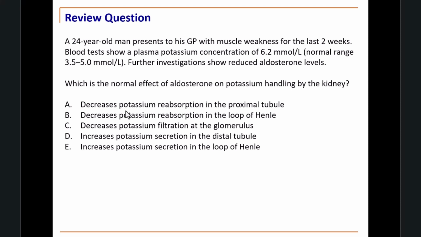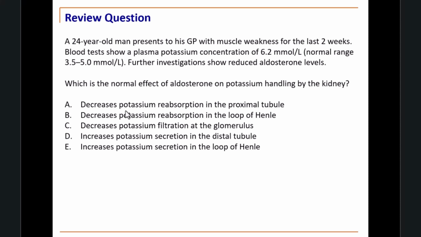Blood tests show a plasma potassium concentration of 6.2 millimoles per litre, which is above the reference range. Further investigations show that he doesn't have high enough aldosterone levels, so his aldosterone is low. Which is the normal effect of aldosterone on potassium handling by the kidney? Okay, I did mention this in the last slide, so hopefully you can remember what it's doing.